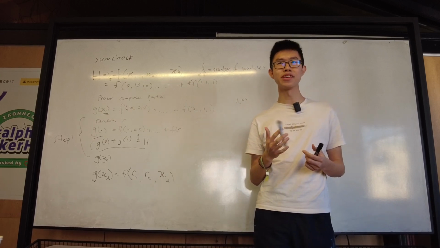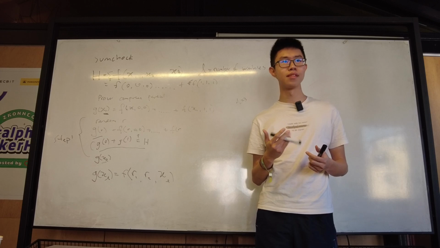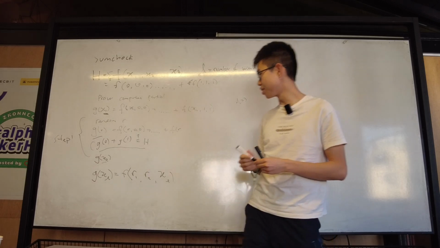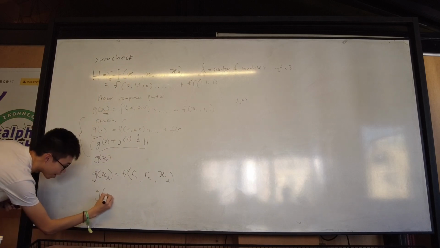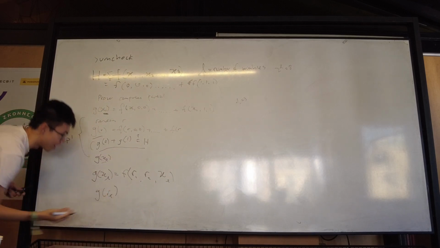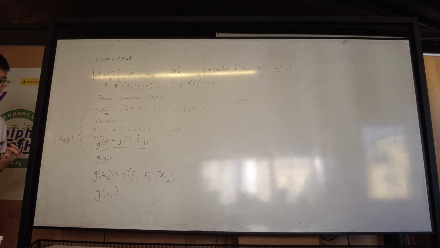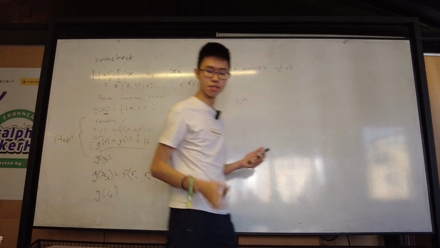Is that correct? And then compute it, get this GRL, and then again check whether it equals H. Does that make sense?